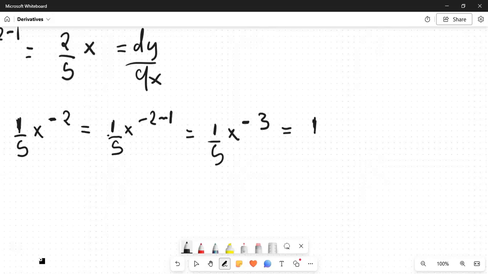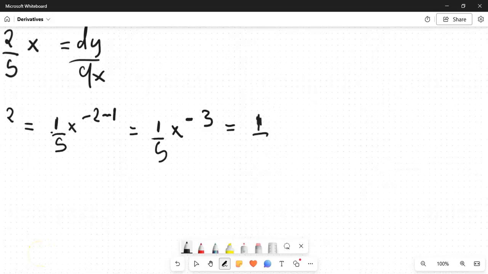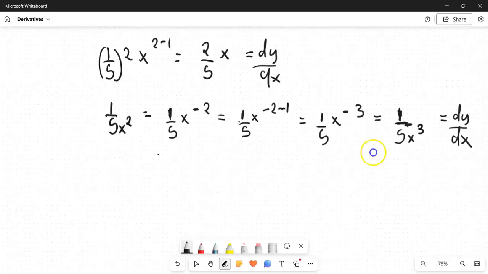So our answer here will be 1 over 5. We take x to the power of negative 3 to the denominator, so it becomes 5x cubed.